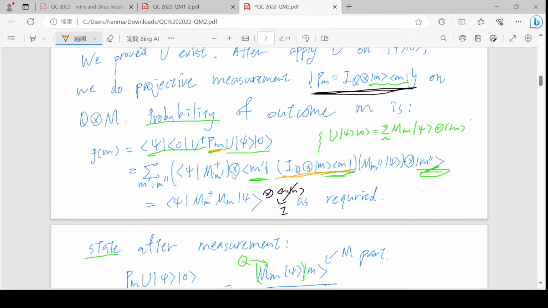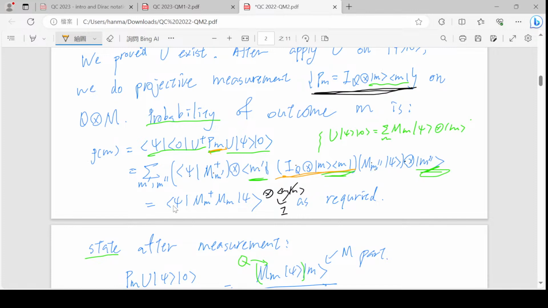But for the second register we have M prime and M double prime, and that's two delta functions here: delta function on M and M prime, and delta function of M and M double prime. Then when you sum over M prime and double prime, you see from the orthonormality of these bases that M double prime should be equal to M, and M prime should be equal to M. So every M should just be M.